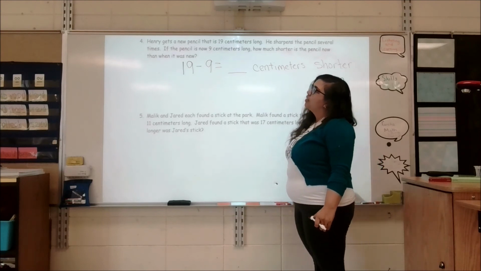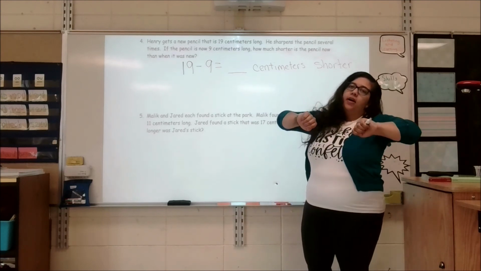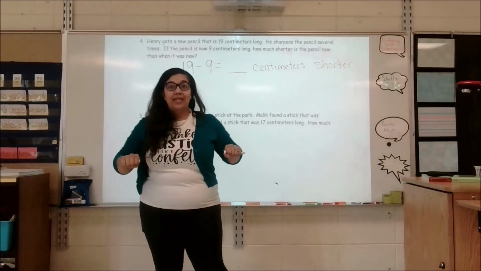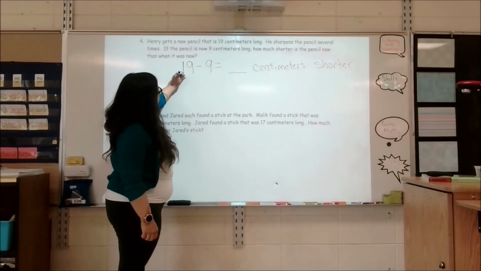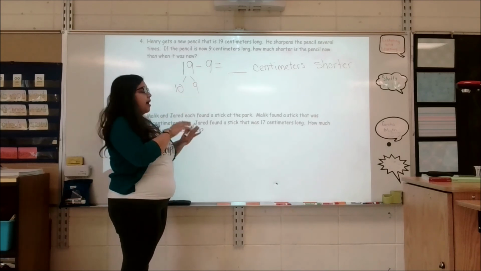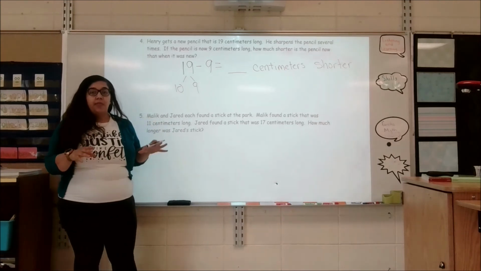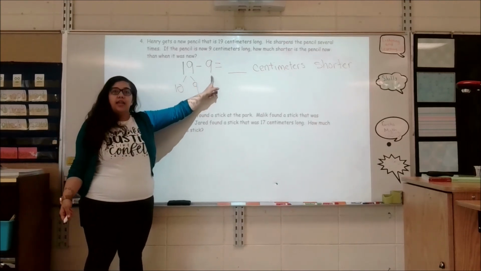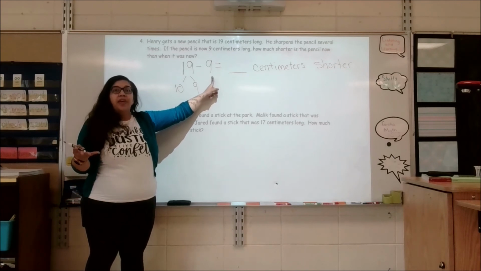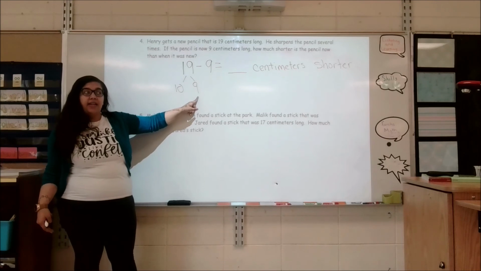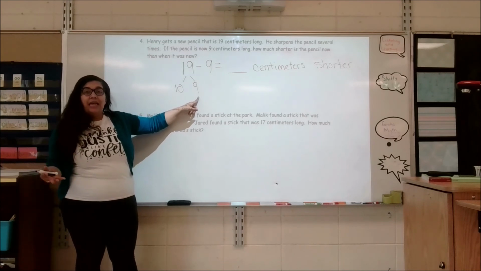So what I want to do for this one, I want to use our number bond in our take from 10 strategy. So we're going to break apart 19 into a group of 10 and 9 ones. Now, generally speaking, we call the next step take from 10. But if you'll notice, the number of ones we're taking away, which is 9, matches the number of ones we have in 19, which is also 9.